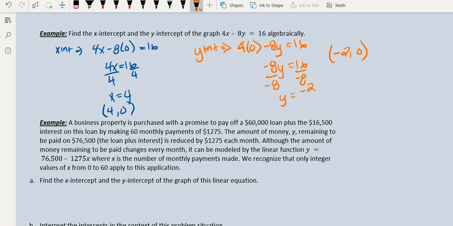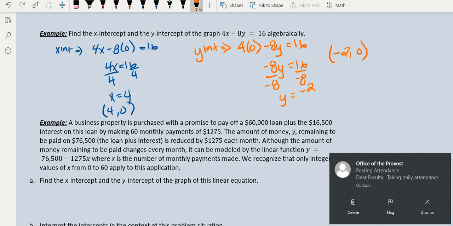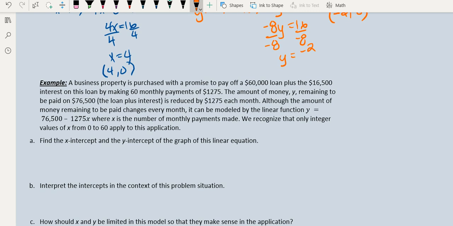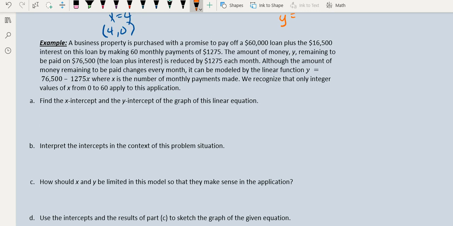So let's do an application, because as I've talked about before, all of this is a little bit of algebra, and the rest is how you can interpret the information. So we have a business property purchased with a promise of a payoff of a 60 grand loan plus the 16,500 interest on the loan, making 60 monthly payments.